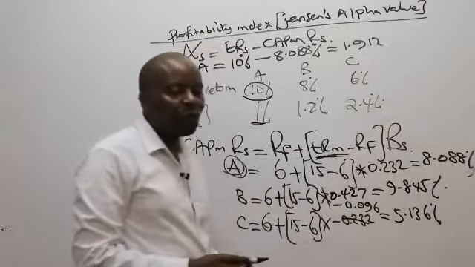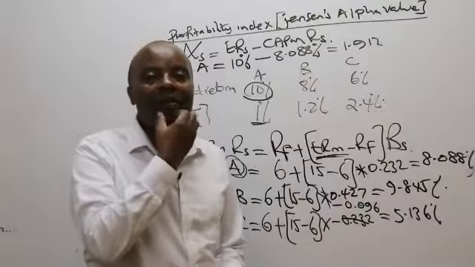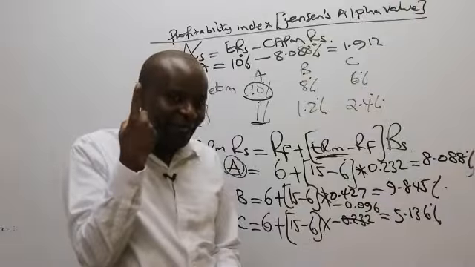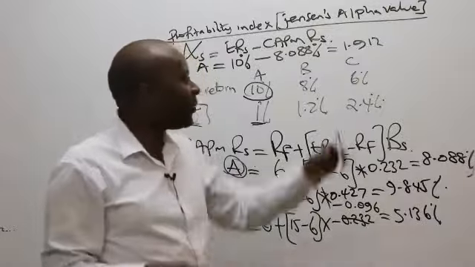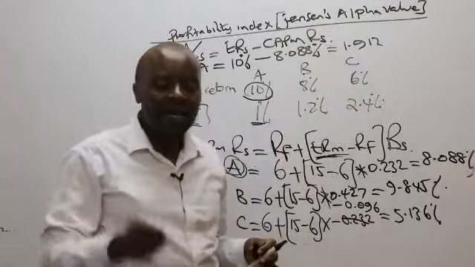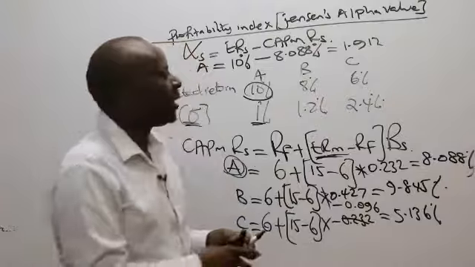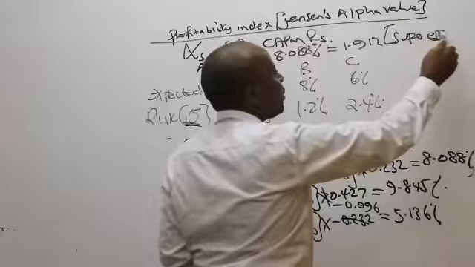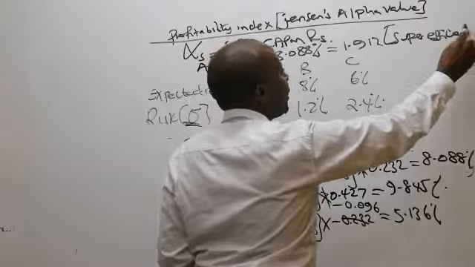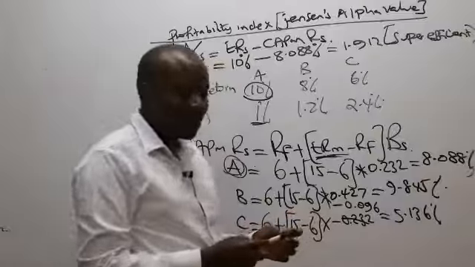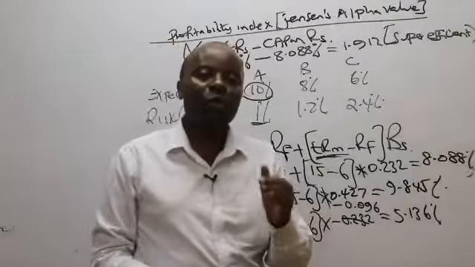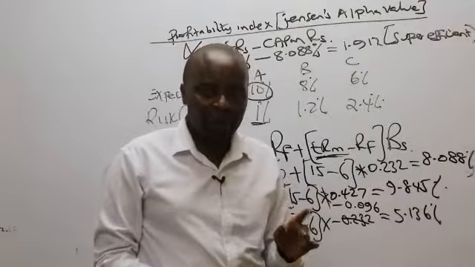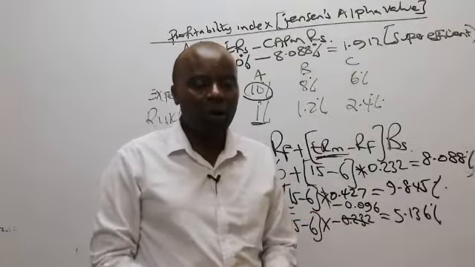Somebody has been able to remember very fast that this is profitable, even if it's profitable by just 1 shilling, so long as it's positive. We say it is super efficient. Now, ladies and gentlemen, at times the examiner will tell you to categorize these securities as either overvalued or undervalued.